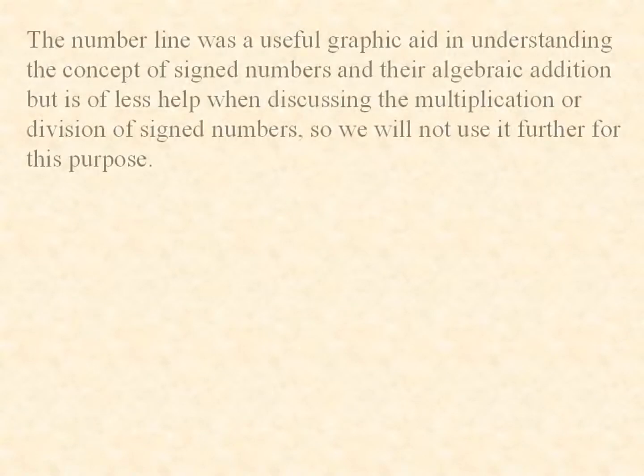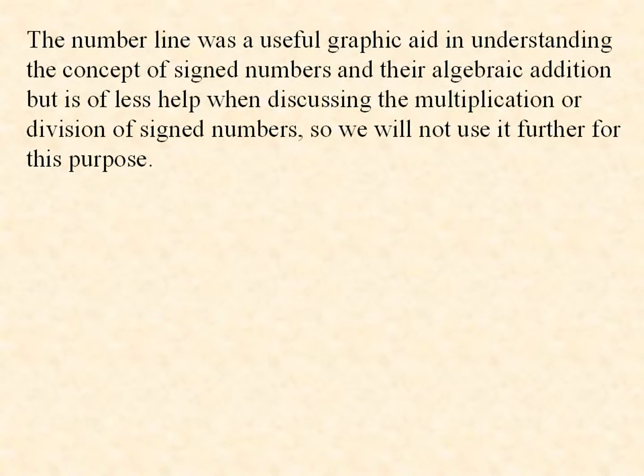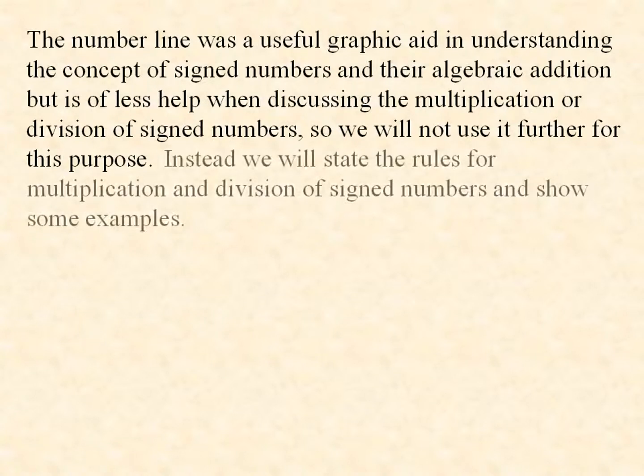The number line was a useful graphic aid in understanding the concept of signed numbers and their algebraic addition, but is of less help when discussing the multiplication or division of signed numbers, so we will not use it further for this purpose. Instead, we will state the rules for multiplication and division of signed numbers and show some examples.